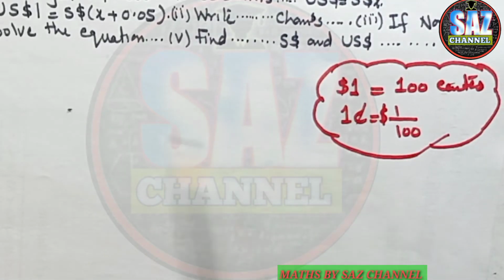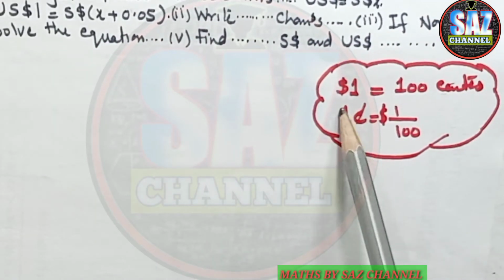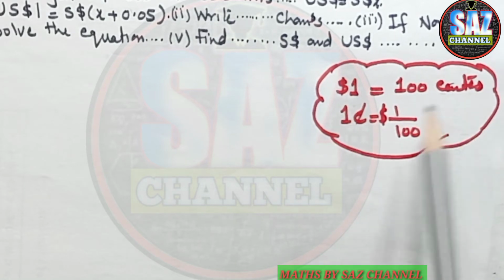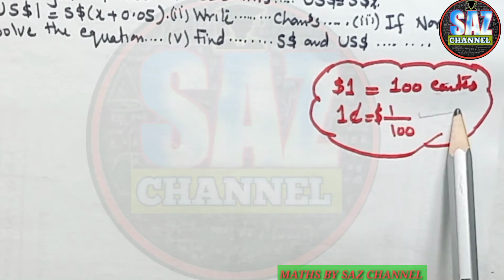First of all, it's important to understand that for $1 we have 100 cents and for 1 cent we have $1/100.